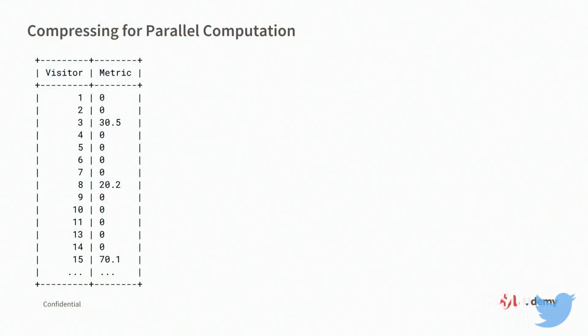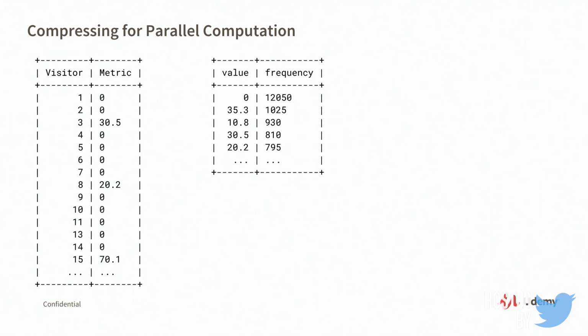So to illustrate, we have some example fake data here where on the left we have some visitor identifier, and then on the right is the metric value for that visitor in a particular variant of an experiment. From that we construct a frequency distribution. So here on the left are all the unique values that occur in our data set, and on the right are the counts of each of those unique values.